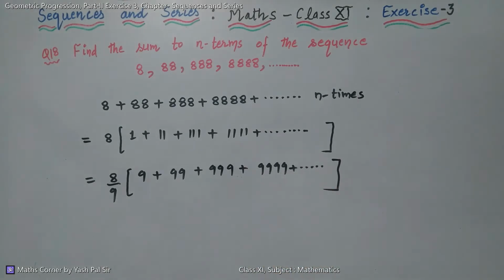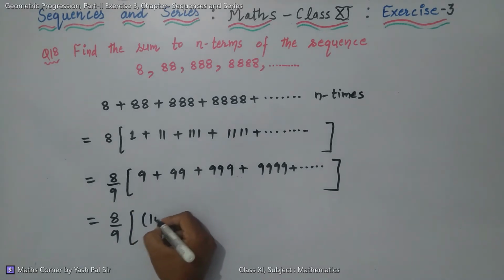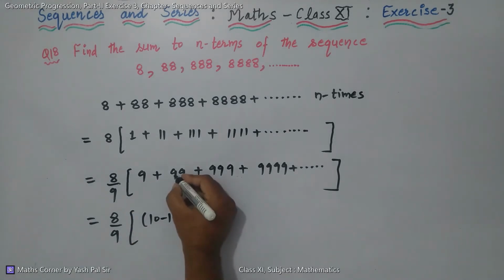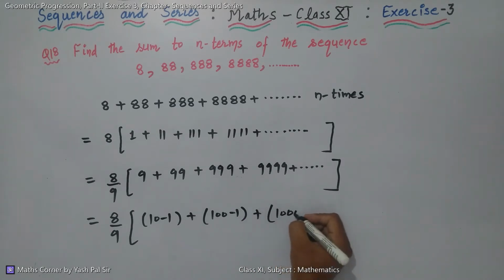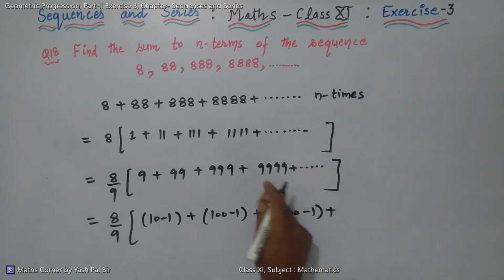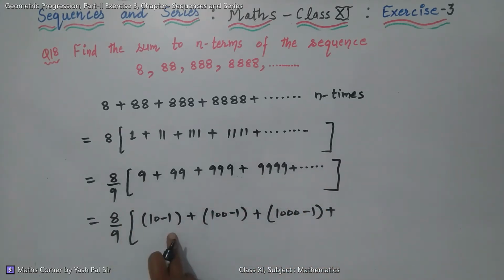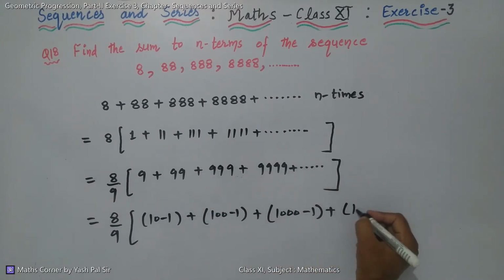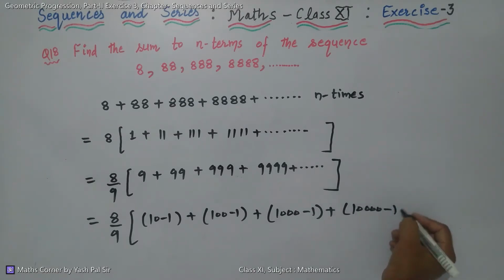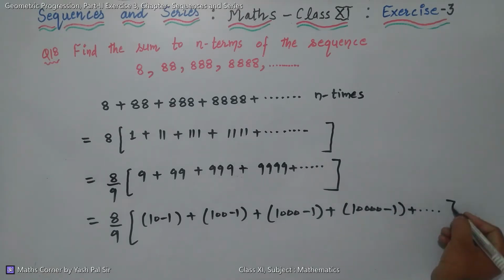Right? In the next step, we write it as 8 upon 9 into 9 can be written as 10 minus 1, 99 can be written as 100 minus 1, 999 can be written as 1000 minus 1 plus 9999, which can be written as 10,000 minus 1, and so on.